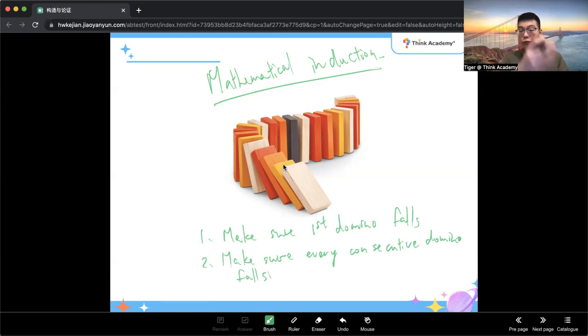I need to make sure that every following domino is falling, right? What about building it? We're building it in this way. We're exactly building it up to this logic, right? We are building it such that every following domino needs to fall once the first one is falling.